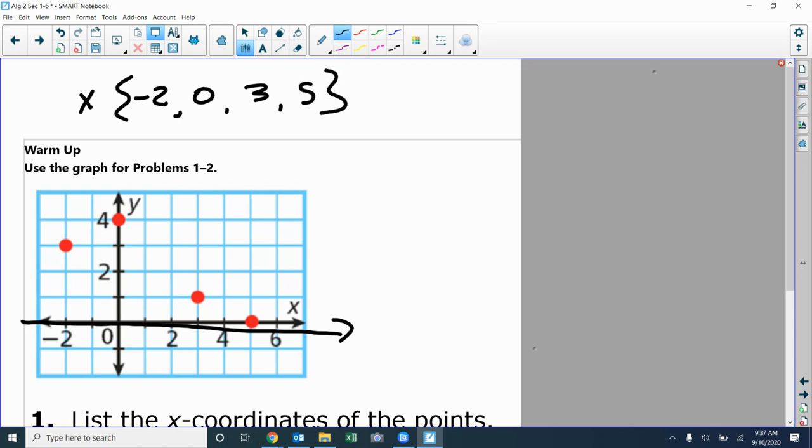Nothing too earth-shattering there, you've been doing this in 7th grade, right? X is also called the domain. So our x values are our domain, and sometimes we might call it the input. You remember that from Algebra 1, I assume, okay? So there's your domain input values.